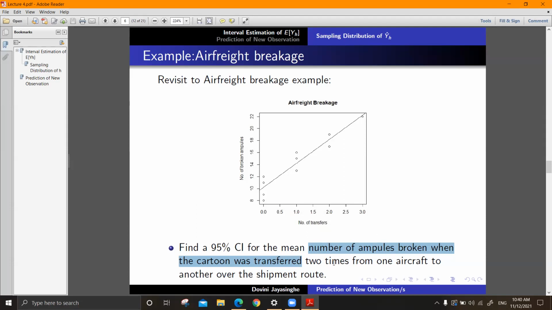If you don't understand this, let's say some medicine should come from America to Sri Lanka, but there's no direct flight. They go from America to Qatar, Qatar to India, India to Sri Lanka. Just think like that. How many times do they have to transfer from one flight to another?